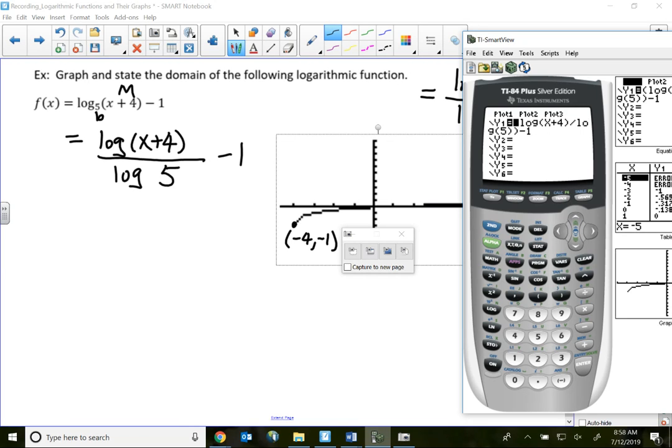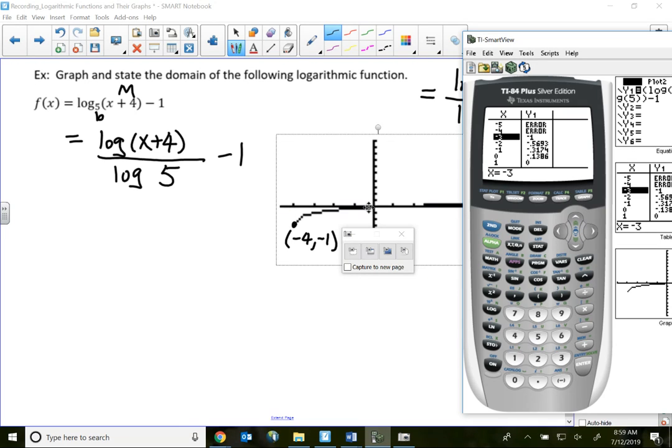Did I type in something wrong? Left 4, down 1. Yep. It says -3, -1. Yep, sure does. I'm not quite sure why it says that. I don't know why it does not say -4, -1.